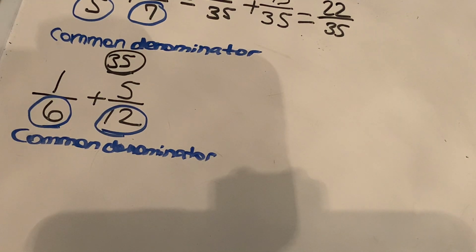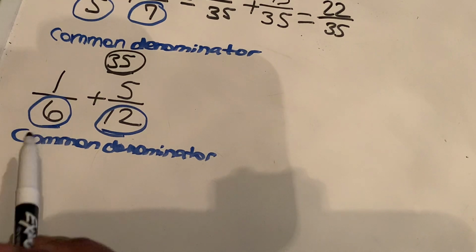So if 2 times 6 is 12, I'm going to also have to multiply my numerator by 2. So I would then have to multiply that 1 times 2, and that's the same fraction as 1 over 6. It's just not simplified.